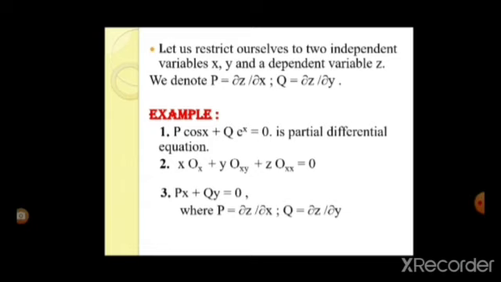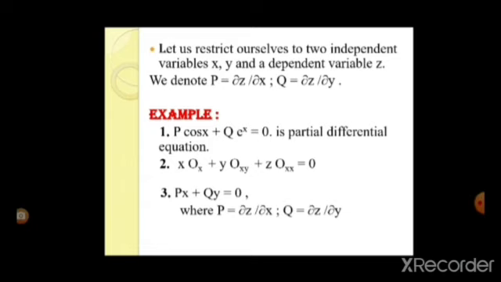Then we denote capital P equal to dou z by dou x. That means the dependent variable z is differentiated with respect to x, and also z is differentiated with respect to y. So dou z by dou x is denoted as capital P, and dou z by dou y is denoted as capital Q.